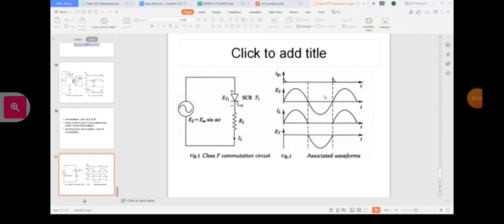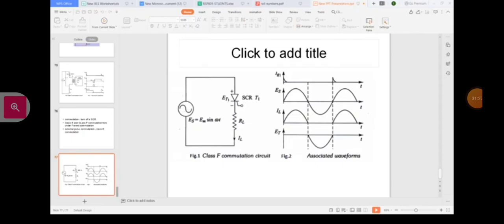Its time duration should be longer than the turn off time of the SCR.